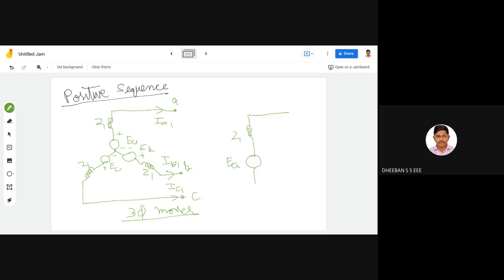The same is applicable over here. The voltage drop across this will be VA1, and then the current flow will be IA1, that is, it will be outward. This is a single phase model.